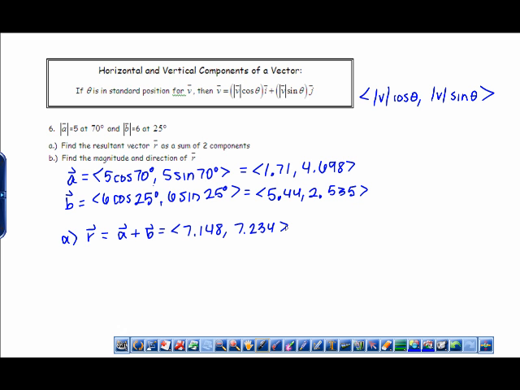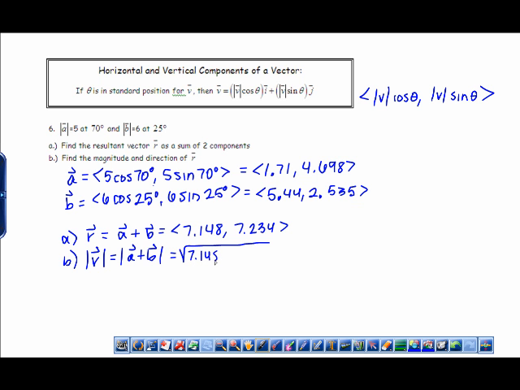Now notice that both of these are positive. This is going to put us in quadrant 1, and that's not so important for the magnitude, but it will be for the direction. So if we're trying to find the magnitude of vector R, this is the magnitude of vector A plus vector B, which is going to be the square root of the sum of the squares of these two numbers.